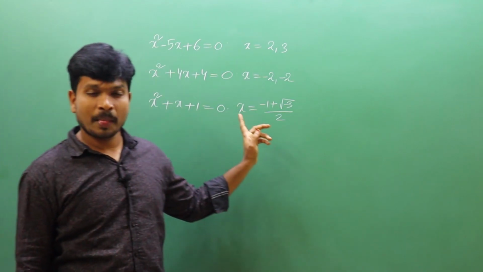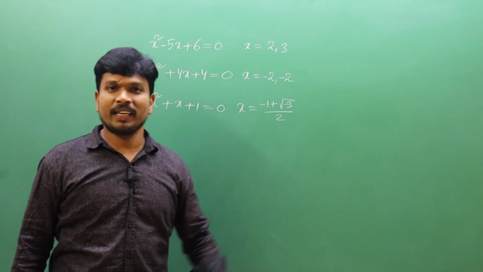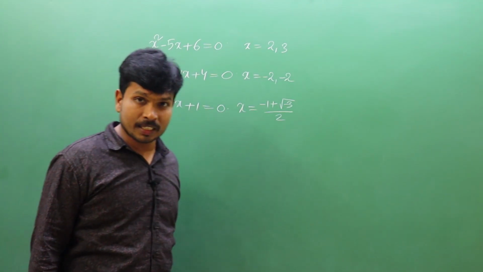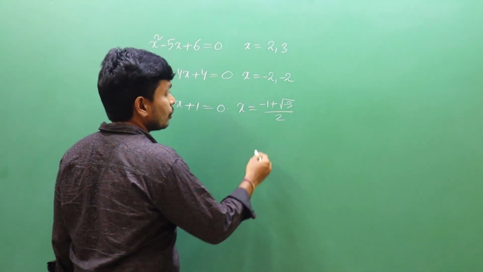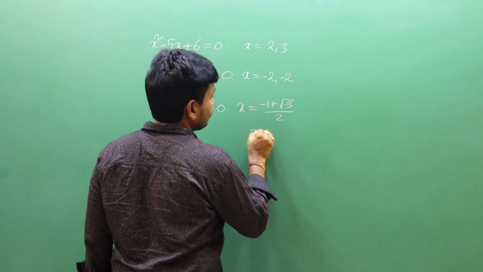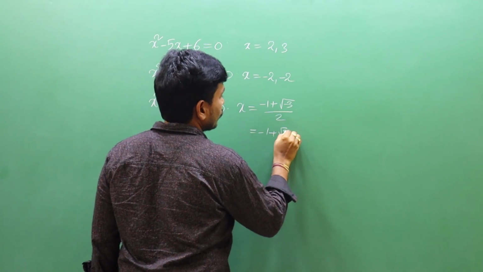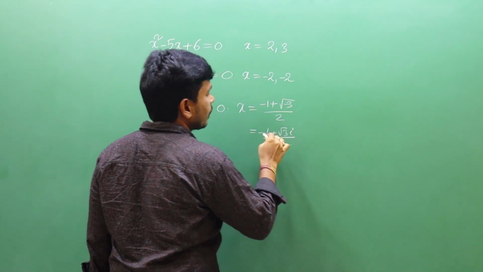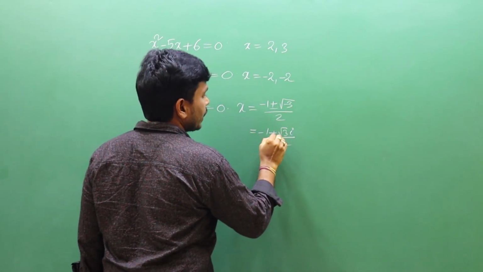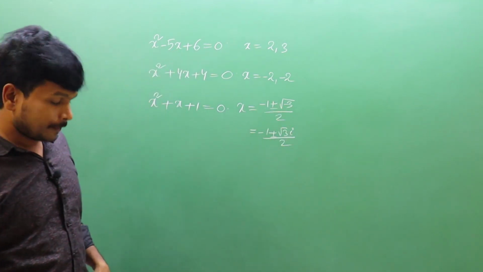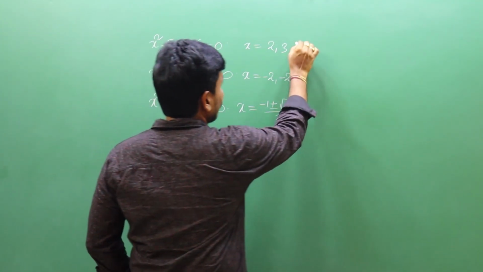Do you know this? Cube roots of unity, if you know the complex numbers. This is also expressed as minus 1 plus root 3i by 2. These are the complex numbers, plus or minus, no? Okay, so these are the roots.